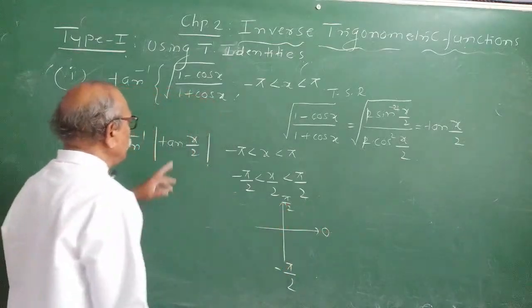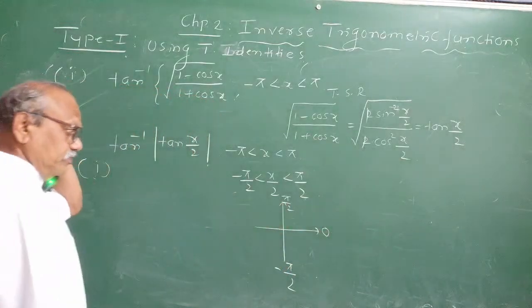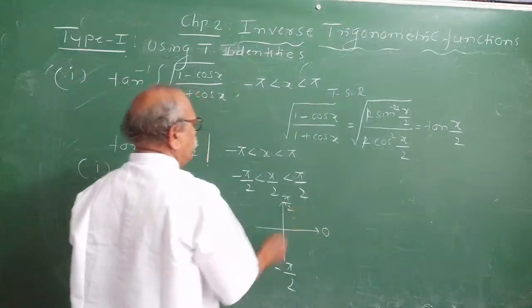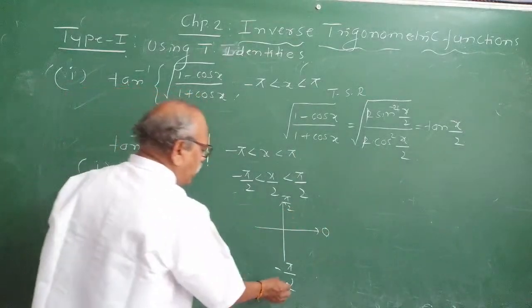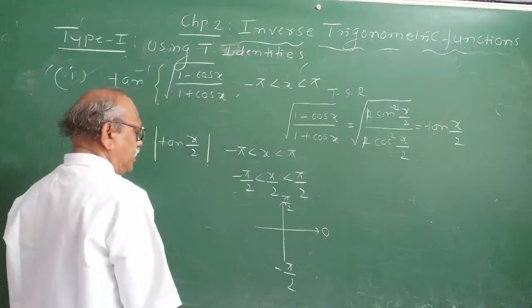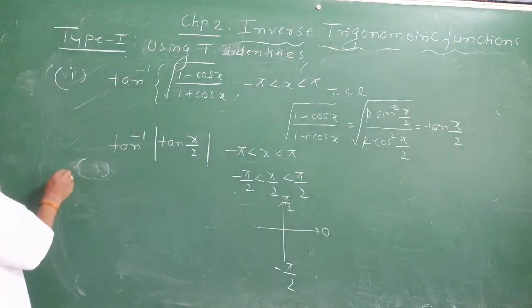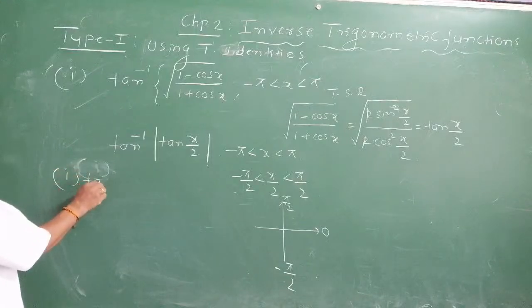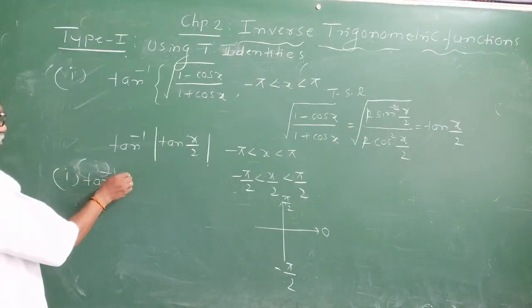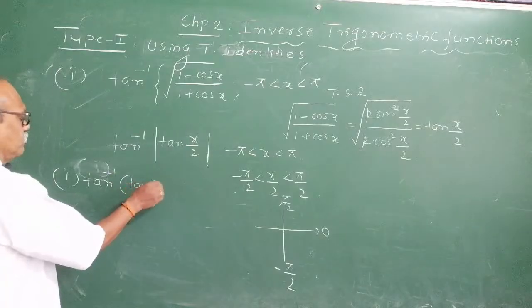From 0 to pi by 2, it will be positive. And from minus pi by 2 to 0, it will be negative. Therefore, it can have two values. That is, tan inverse of plus tan x by 2.